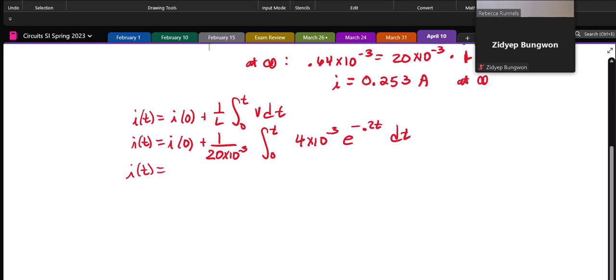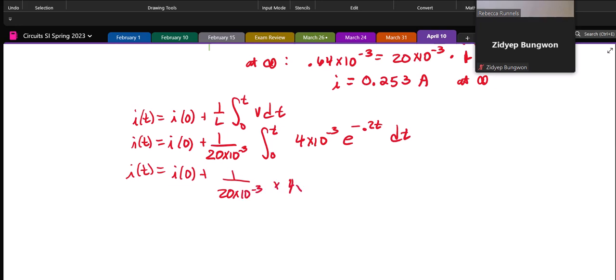Or i of t equals i of 0 plus 1 over 20 times 10 to the negative third times 4 times 10 to the negative third.